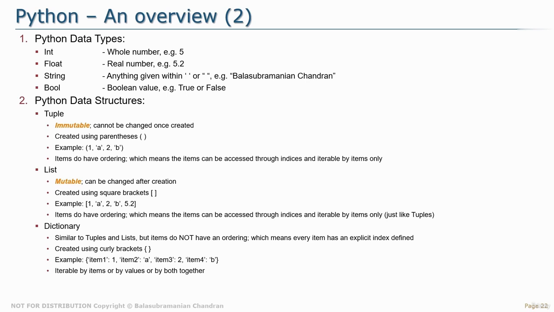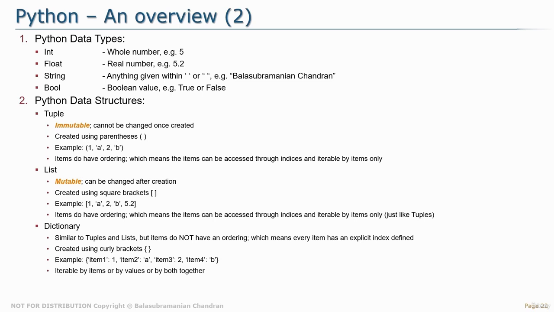Lists are mutable and can be changed after creation. They are created using square brackets, for example 1, a, 2, b, and 5.2, surrounded by square brackets.